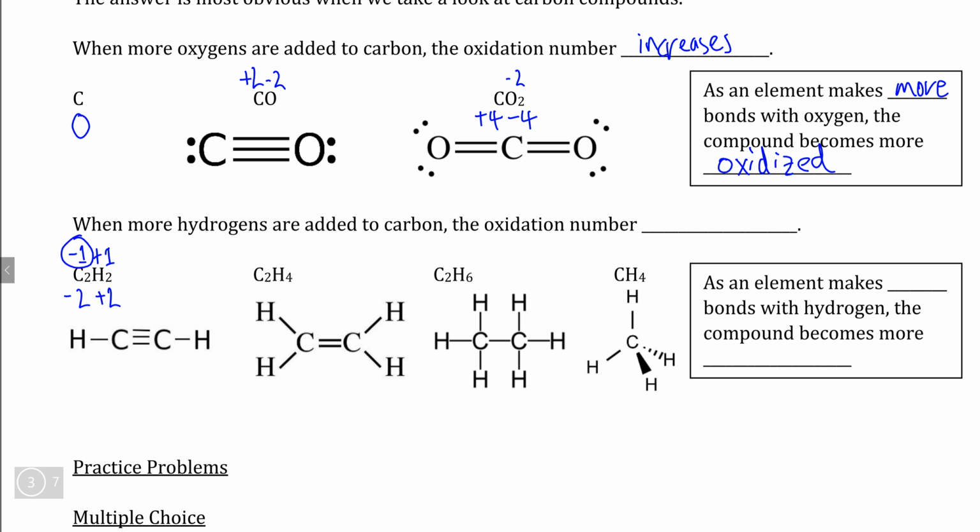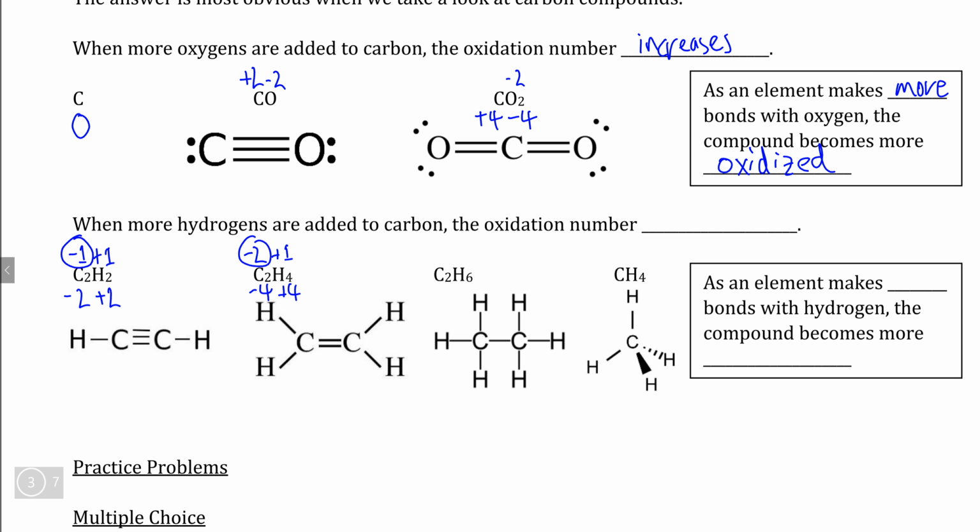Now if we try ethene, +1 is the oxidation number of hydrogen. +1 times 4 is +4, meaning that the total oxidation number of carbon in this case is -4, but if we divide -4 by 2, because there are 2 carbons, that means that each carbon has an oxidation number of -2.